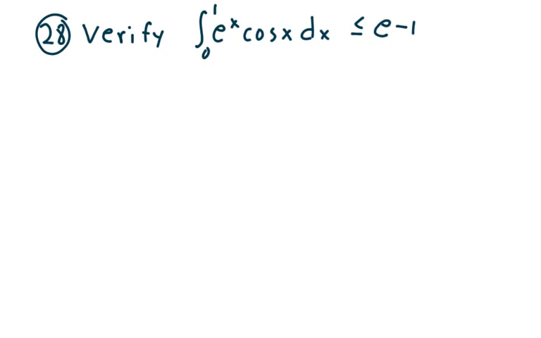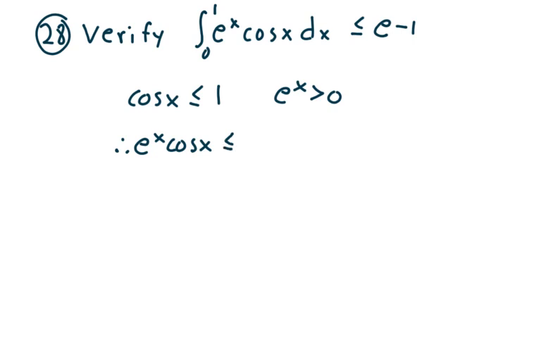Well, what's going on with that? I'm going to start off the same way and say cosine x is less than or equal to 1. E to the x is always positive, right? So therefore, e to the x cosine x is less than or equal to e to the x.